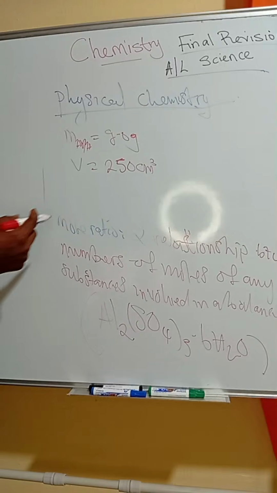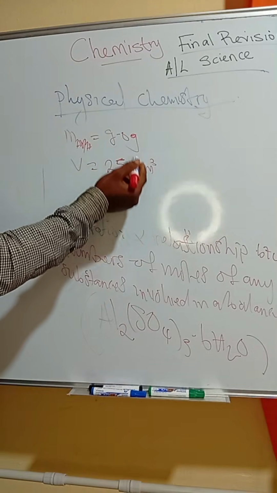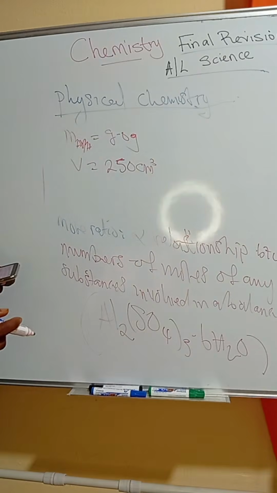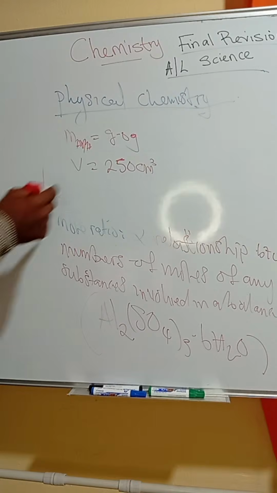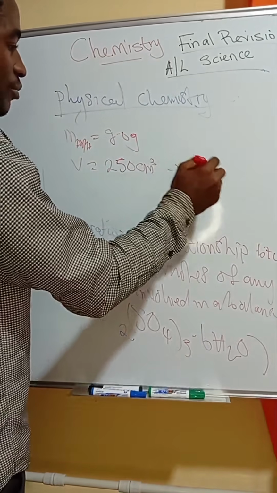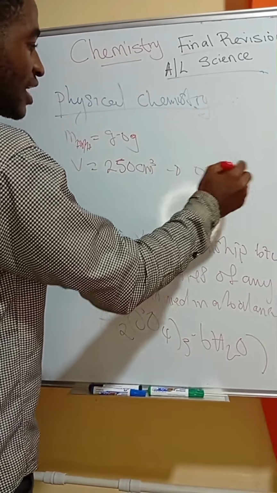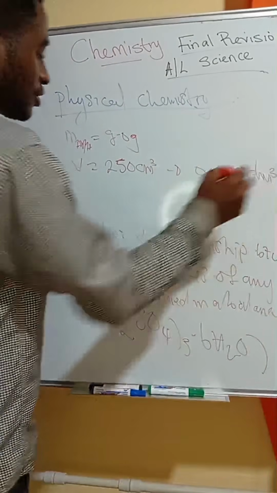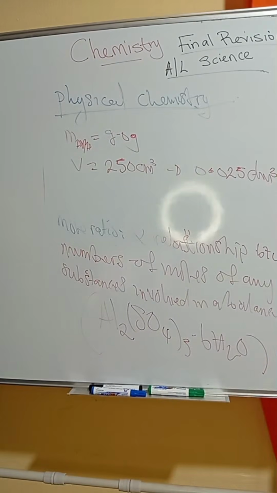The reason being that we are working in grams, so we cannot be working in grams per cm cube. It's not making sense. We are supposed to work in grams per dm cube. So the volume will now be 0.025 dm cube. That's just simply divided by how many? You already know. I don't need to be telling you that.